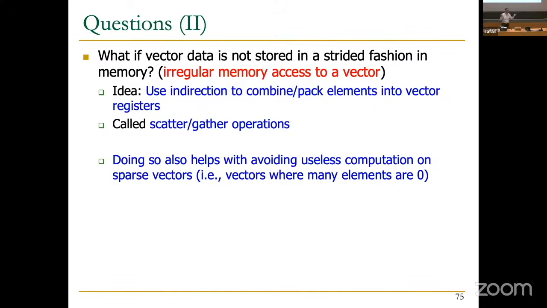Multiplication, for example, 0 is useless, right? You gather only those 3 elements, pack them into a vector register, and operate only on those 3 elements. That's the idea, basically. And then you scatter them back to memory where they were supposed to be. So this could be extremely advantageous in those situations, as you can see, right? But it's not the only case where it could be advantageous, as we will see.